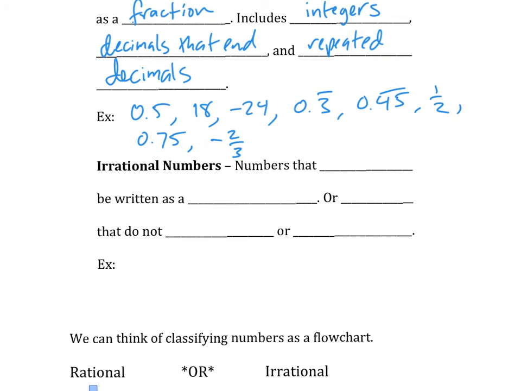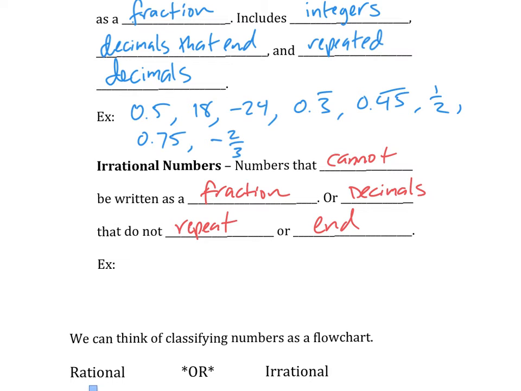And then finally, our irrational numbers are numbers that cannot be written as a fraction. This includes decimals that do not repeat or end.